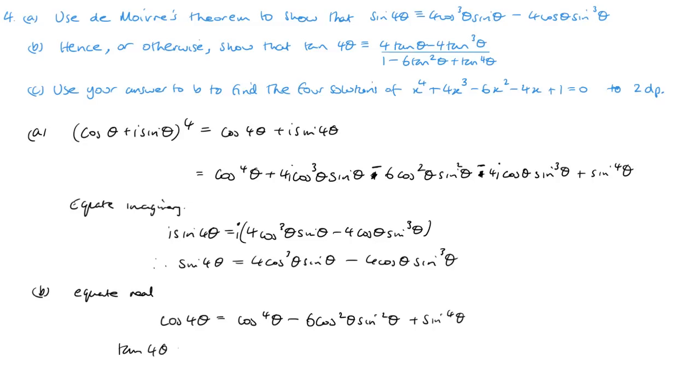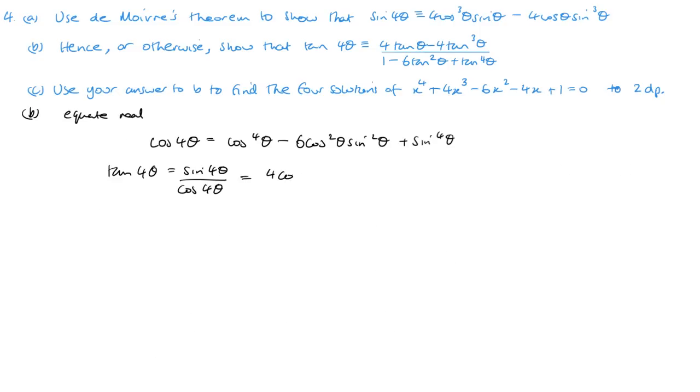And tan 4 theta is sine 4 theta over cos 4 theta. Let me just make a bit of room. And this is 4 cos cubed theta sine theta minus 4 cos theta sine cubed theta all over cos to the 4 theta minus 6 cos squared theta sine squared theta plus sine to the power 4 theta.